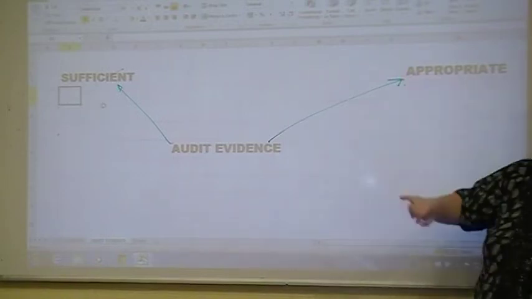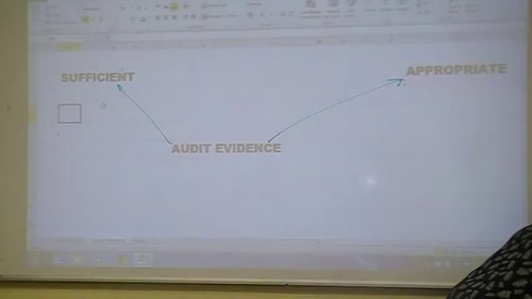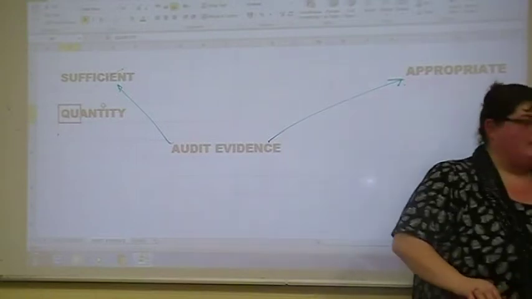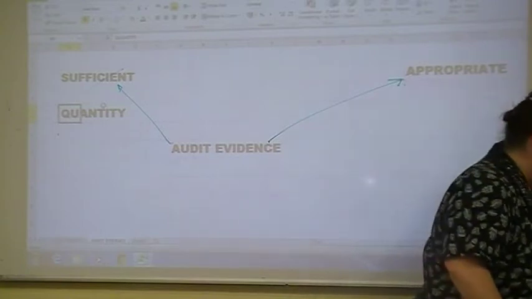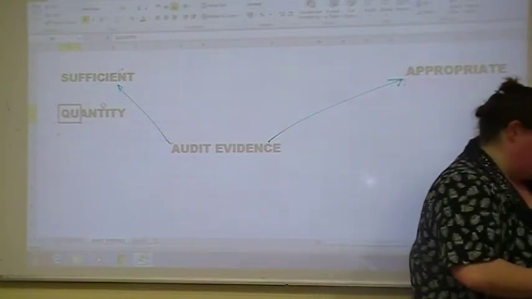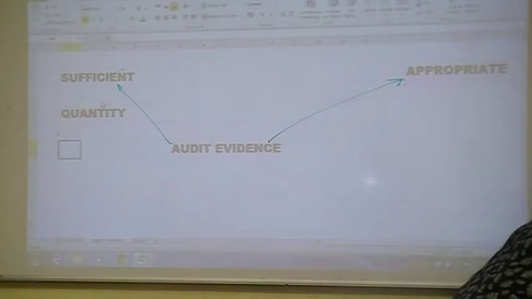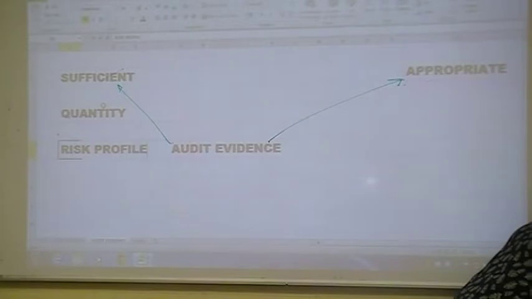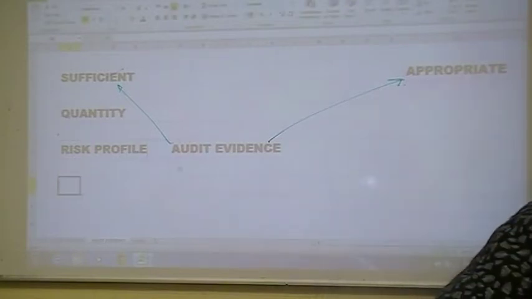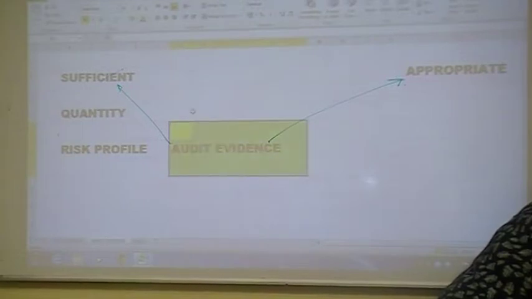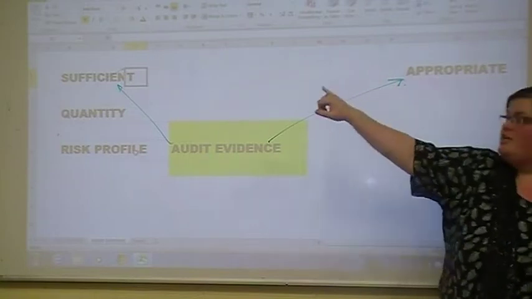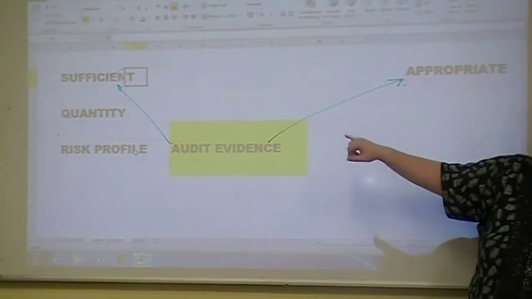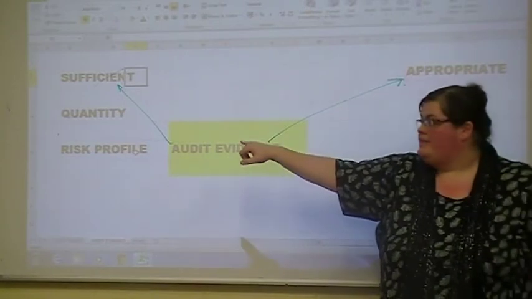Okay, and what do we mean by sufficient? Sufficient is the quantity of audit evidence we're actually going to have together for our audit. Our quantity will depend on our risk profile.